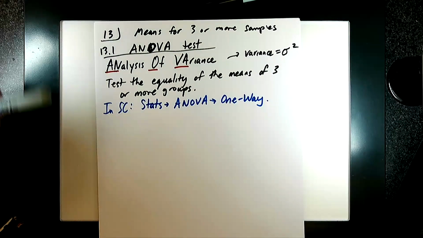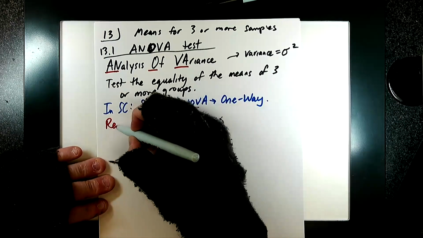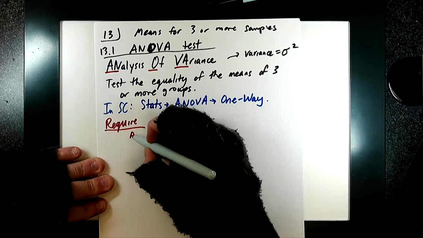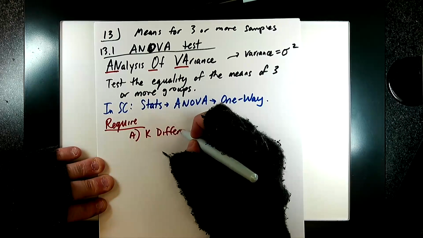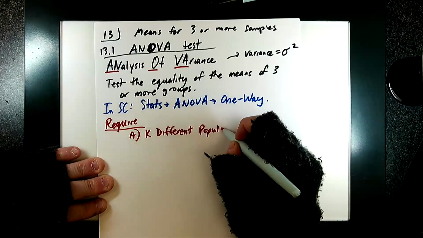So in the following examples, we're assuming that we have k different groups, k different populations, with one sample from each.